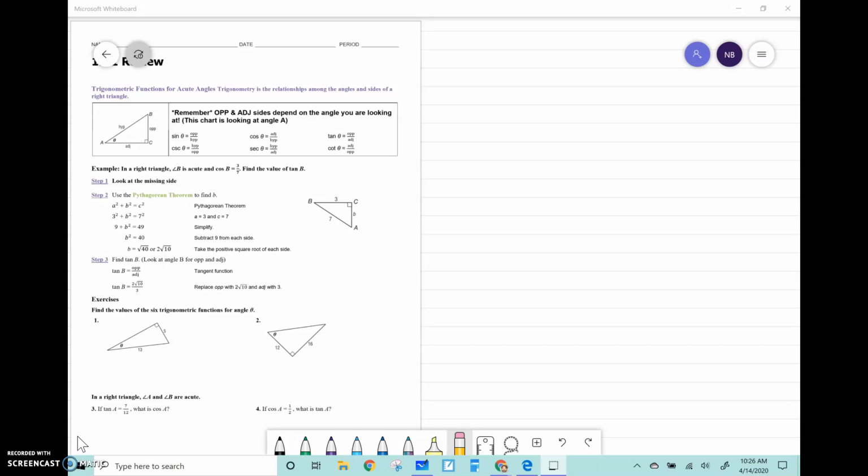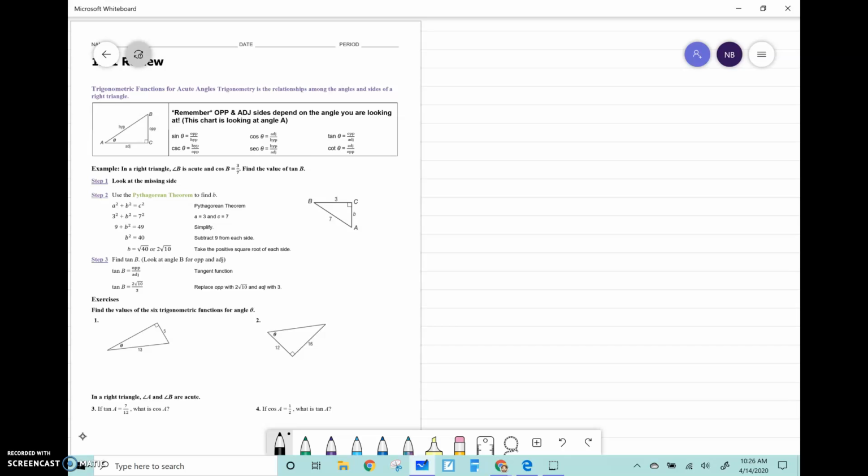So if you look at this chart right here, remember that the opposite and adjacent sides depend on the angle you're looking at. For instance, this chart is looking at angle A, and as you can see, angle A is the focus of where they put opposite, hypotenuse, and numerator in the denominator.